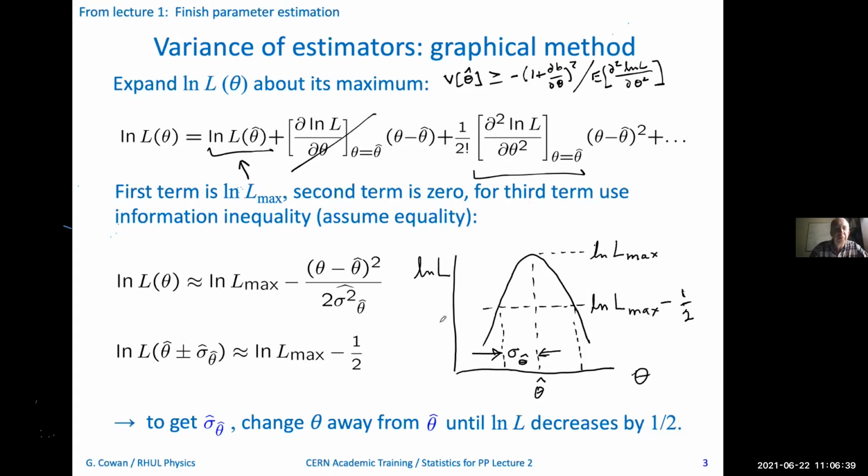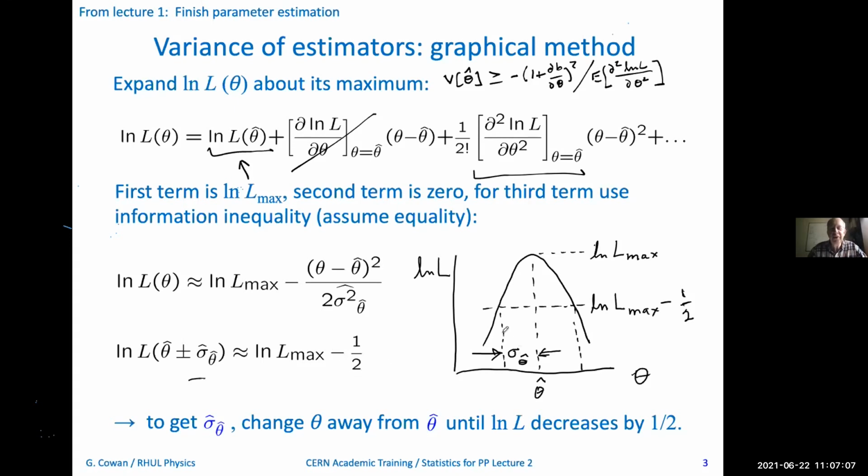And if you consider moving theta away from theta hat by plus or minus 1 standard deviation, then the theta minus theta hat squared in the numerator cancels the variance in the denominator. And it says that moving theta away from theta hat by plus or minus 1 standard deviation simply causes the log likelihood to decrease from its maximum by 1/2. It's that factor of 1/2 that's left over.